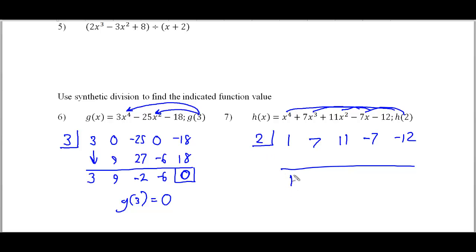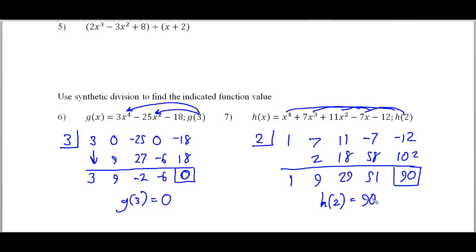So drop the 1. 1 times 2 is 2. 7 and 2 make 9, 2 times 9 is 18. 11 and 18 is 29, 29 times 2 is 58. 58 minus 7 is 51. 51 times 2 is 102, and my answer here is going to be a positive 90. So for my h, if I plug 2 in for every value of x, I would get an answer of 90. All right, thanks for watching.